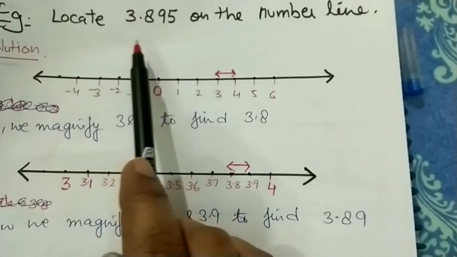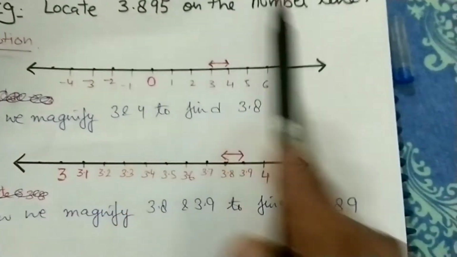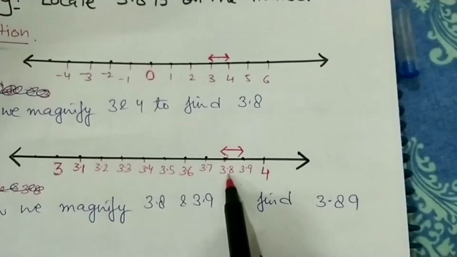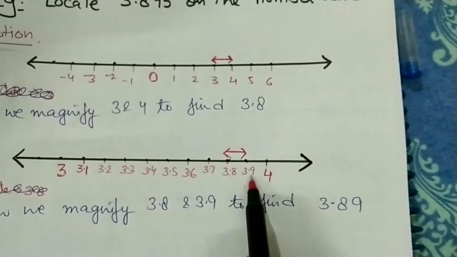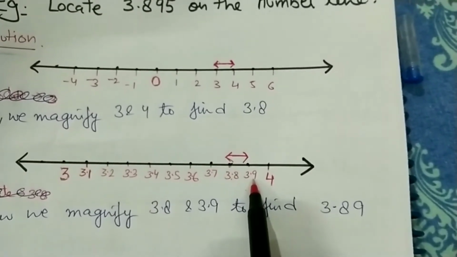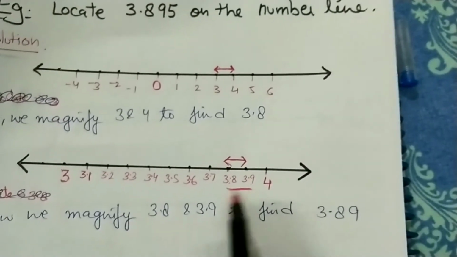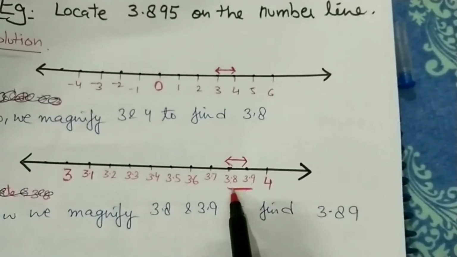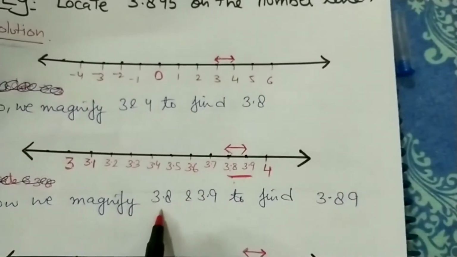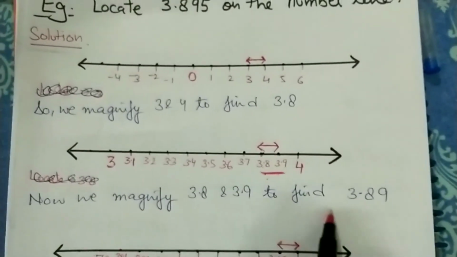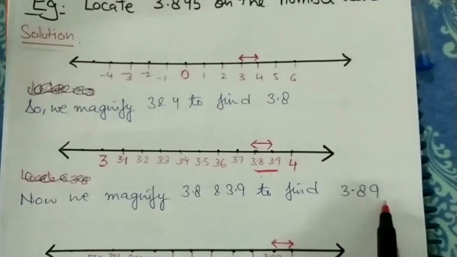So the number was 3.895, which lies between 3.8 and 3.9. Got it? It lies in between them. So now we are going to magnify 3.8 and 3.9 to find 3.89.